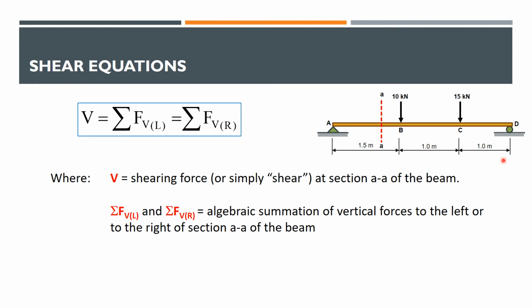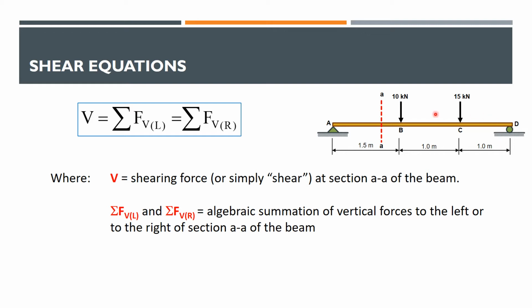So gagamit tayo ng imaginary cutting plane. If you still recall in some of our previous problems, ginagamitan natin ng method of sections para ma-determine natin ano yung internal forces or internal loads na makikreate doon sa object. So, ganun din ang gagawin natin dito.